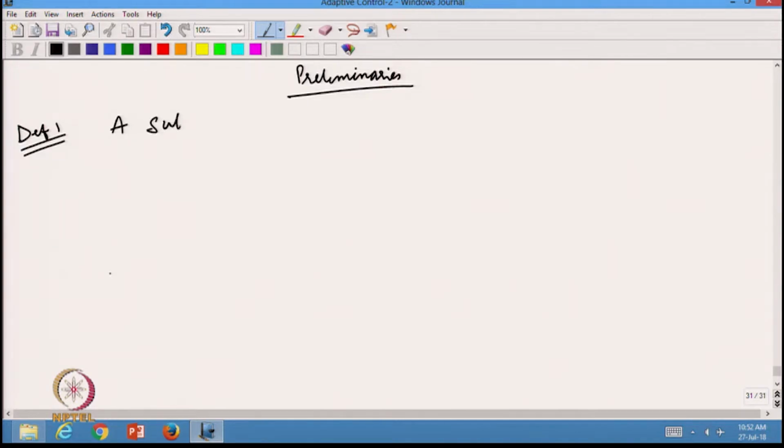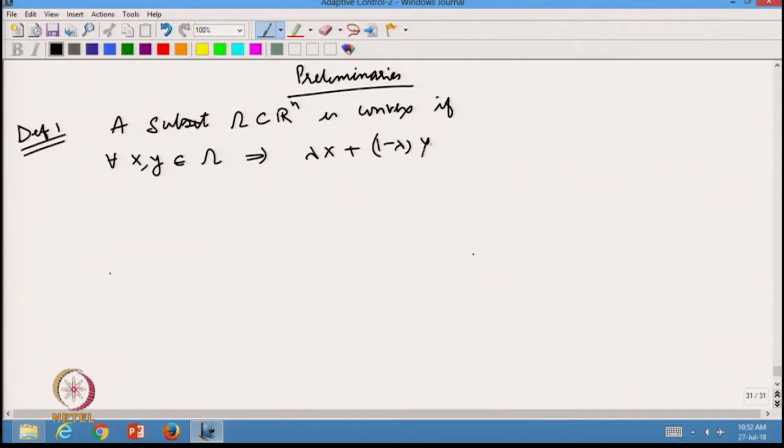A subset omega, which is a subset of R n, is convex if for all x, y which belong to omega, we have that lambda x plus 1 minus lambda y belongs to omega, where lambda is between 0 and 1, where 0 and 1 are also included.